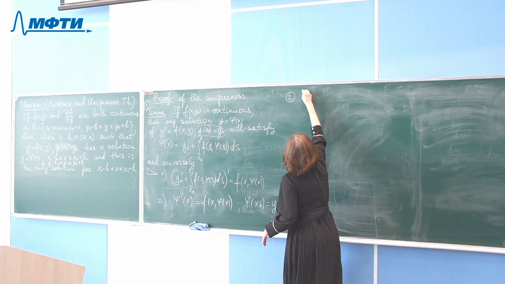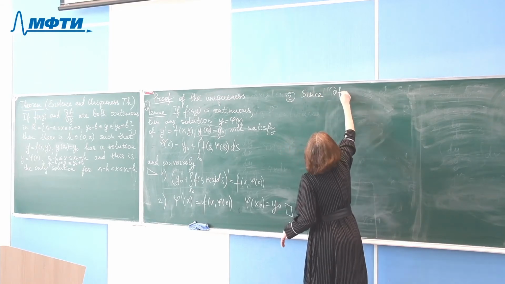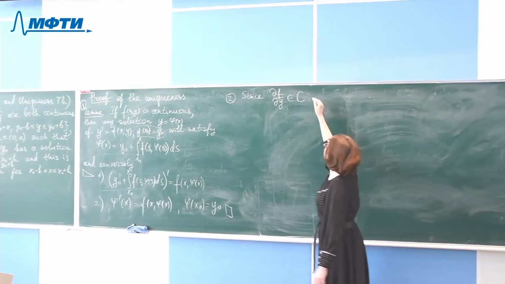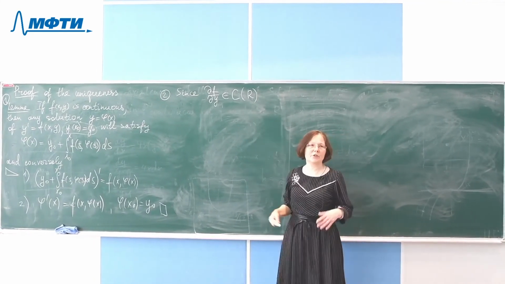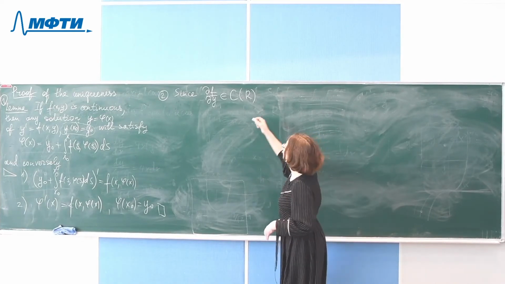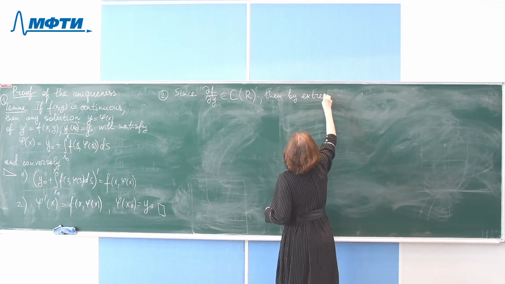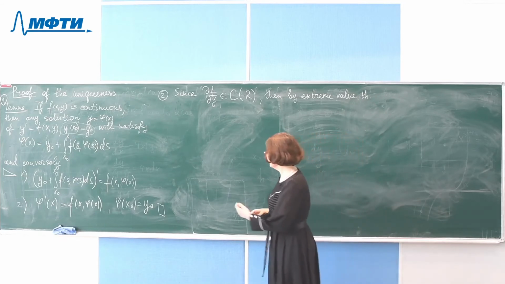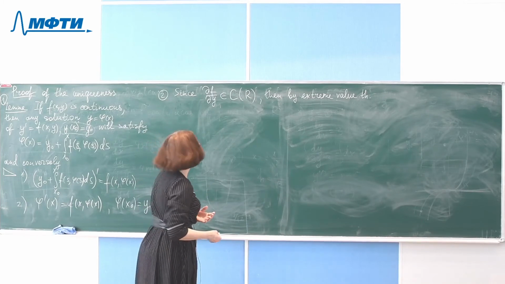Since the function df over dy is continuous in the rectangle, which is a bounded and closed set, then by the extreme value theorem it takes on its maximum and minimum values, right?